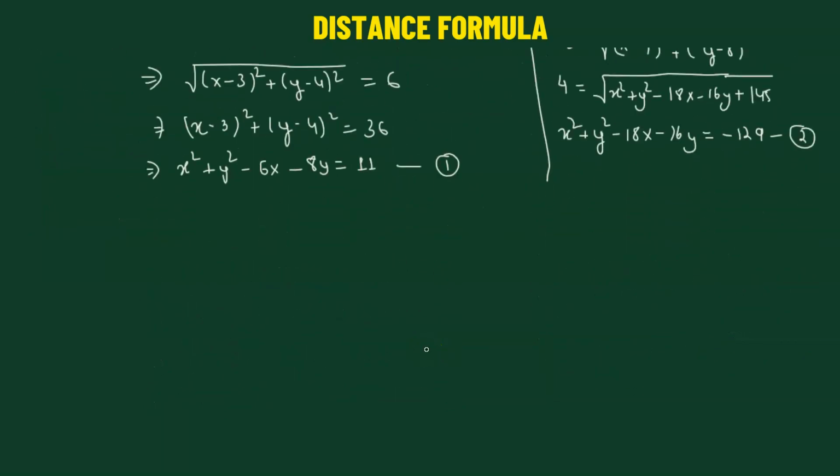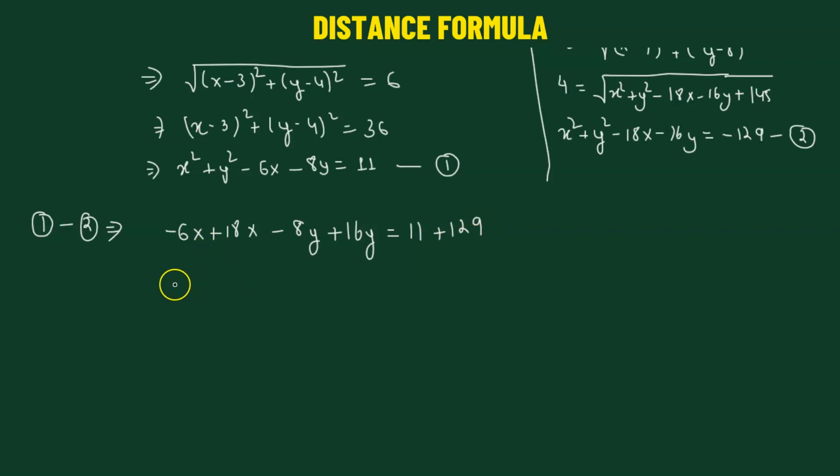Now we will subtract equation number 2 from equation number 1, such that the x squared and x squared get cancelled, and y squared and y squared get cancelled. Now we have negative 6x plus 18x minus 8y plus 16y equals 11 plus 129.